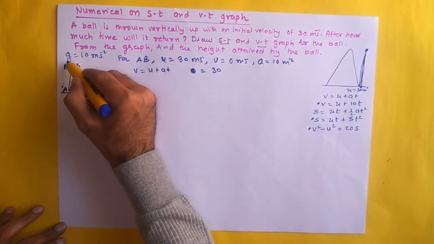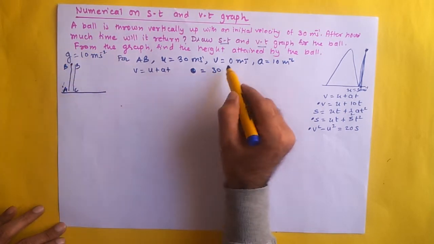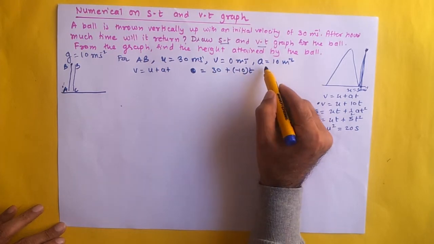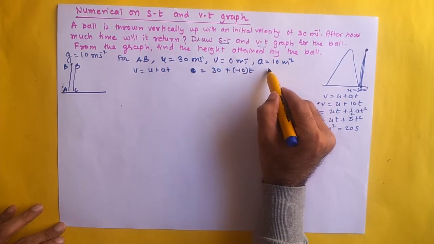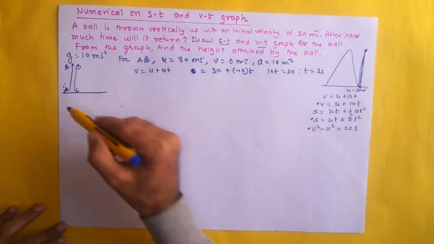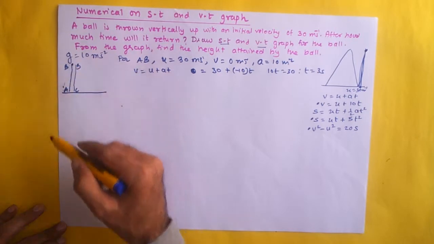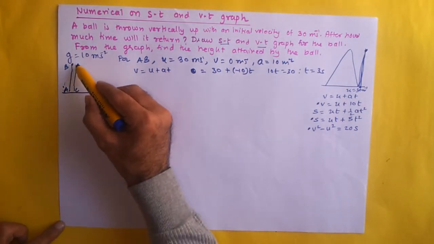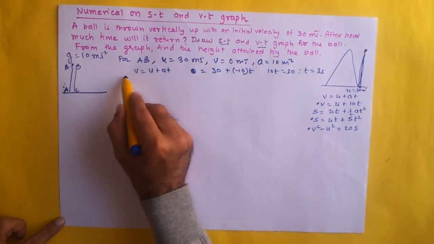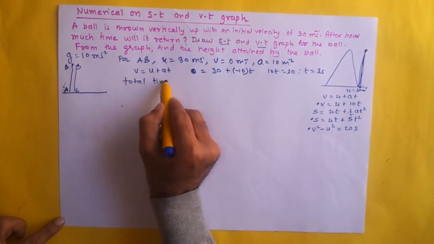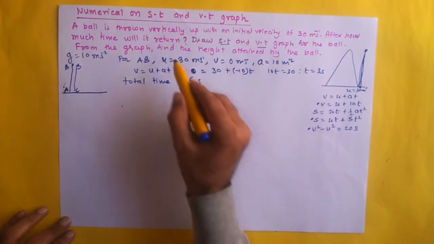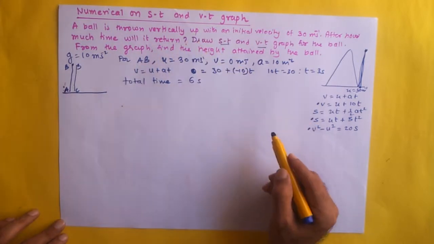The acceleration when it is going up is minus 10, so I'll write down plus minus 10 into t, and if I solve this, I'll get 10t is equal to 30, and that will give me t is equal to 3 seconds. So the time it takes to go from A to B is 3 seconds, and the time it takes to go from B to C will also be 3 seconds. So the total time would be 6 seconds. This is the time the ball takes to come back to the thrower.